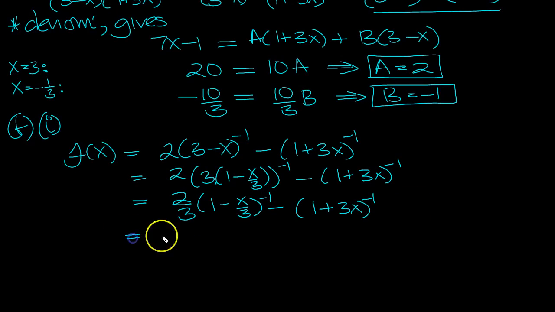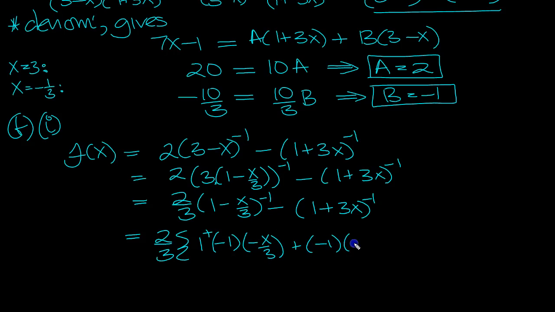That's equal to 2/3 times, using the binomial theorem, 1 plus n times minus x over 3, plus n times n minus 1 times x squared over 2 factorial. That's up to our x squared term for this one, plus dot dot dot.